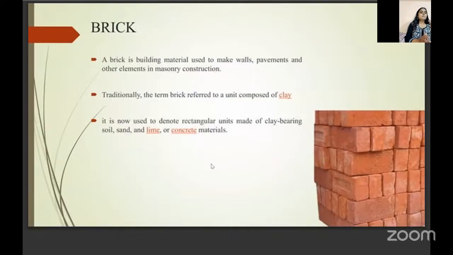Traditionally, the term brick referred to a unit composed of clay. You already know that brick is a traditional material, and it has been used in architectural construction for so many years. The earliest kind of brick construction can be seen in the Indus Valley civilization, which is also a common topic on which questions have been asked in the exams previously.